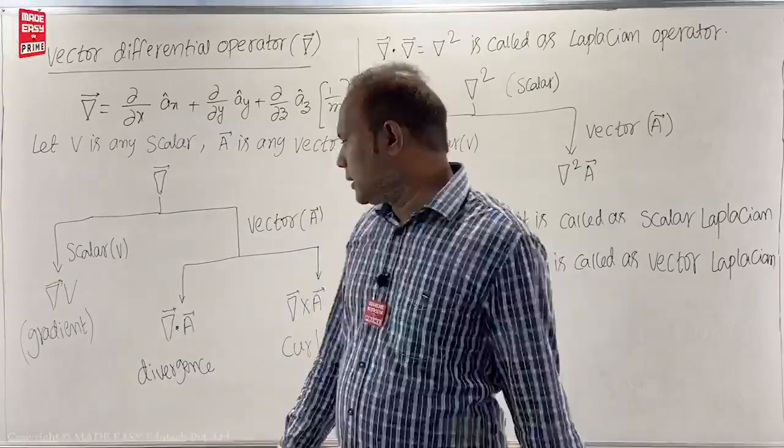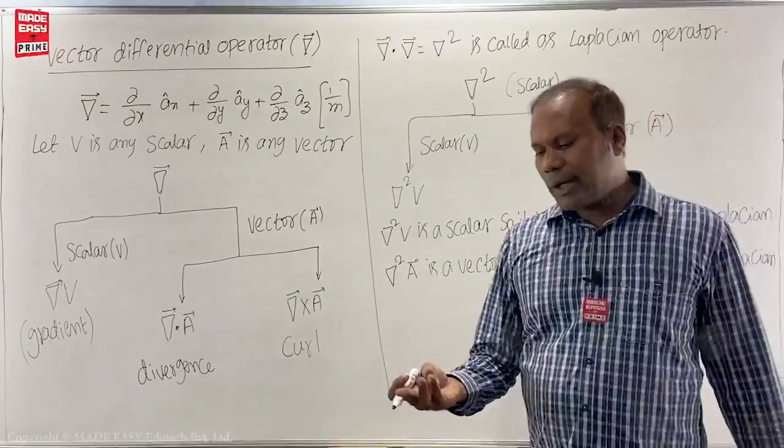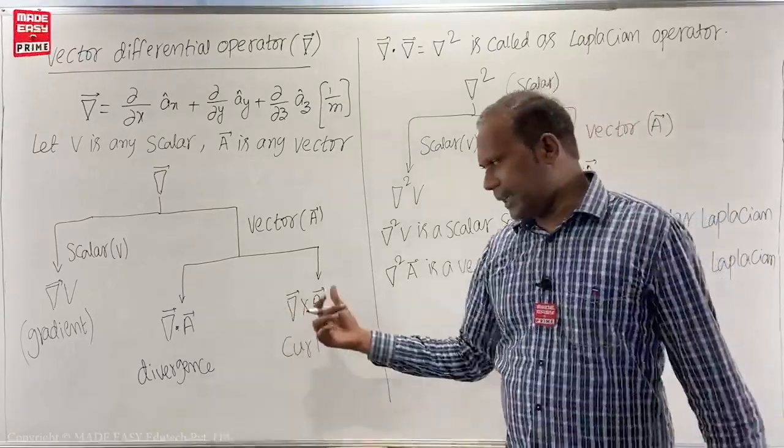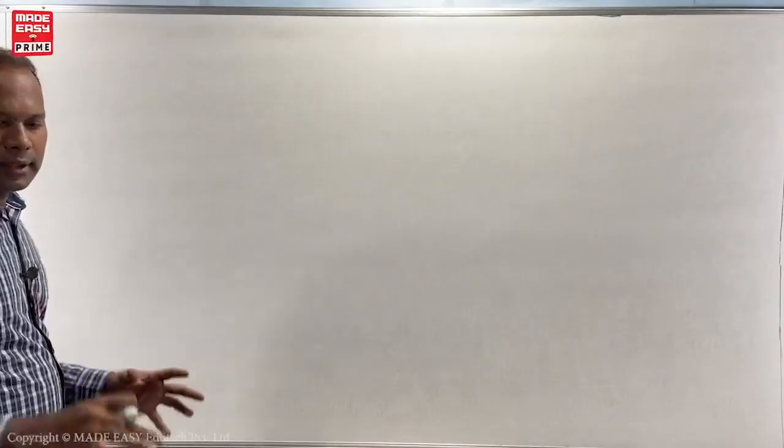In place of a bar, you can take e bar, h bar, d bar, b bar, j bar, such vectors.